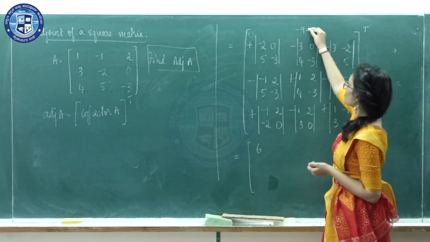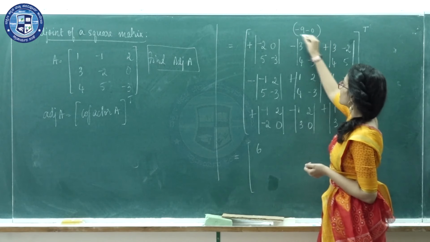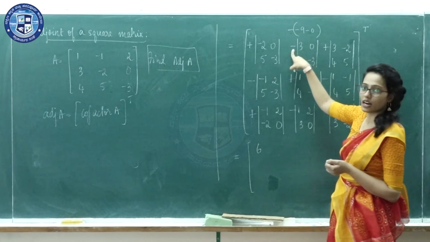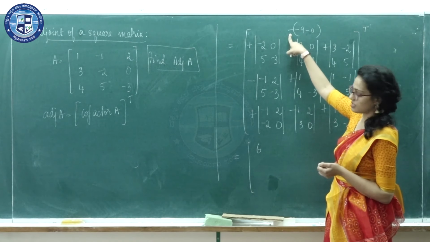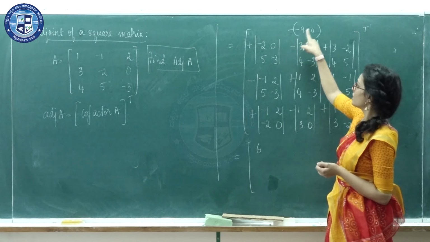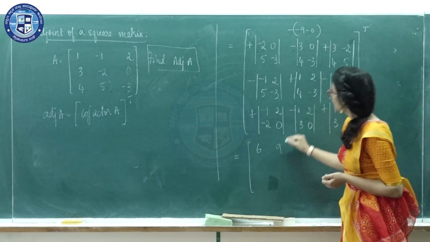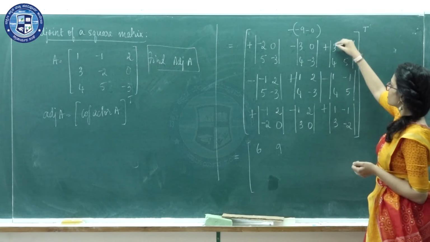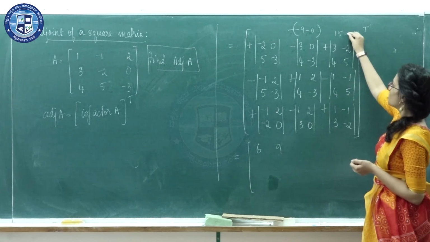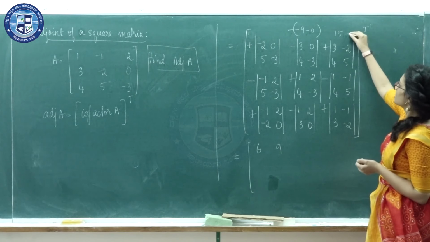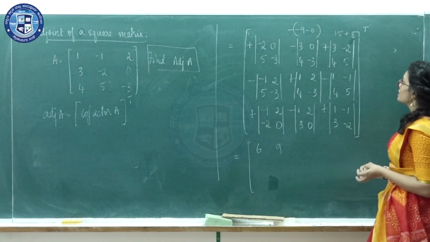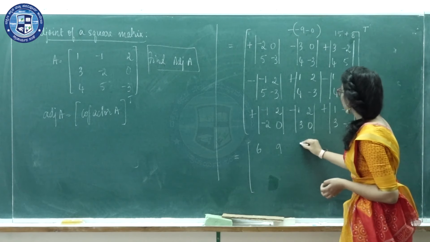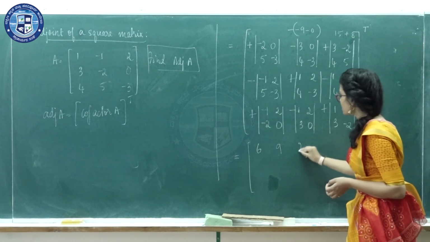This is 0 minus 0, but there is a minus sign outside here. So the answer is minus 9 into minus 1, so you get plus 9. Here in this case we have 3 into 5 is 15, minus minus 8, so it becomes plus 8. So 15 plus 8, the answer is 23, and there is a positive sign.